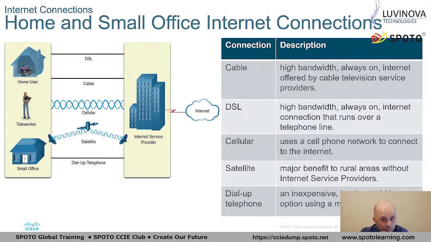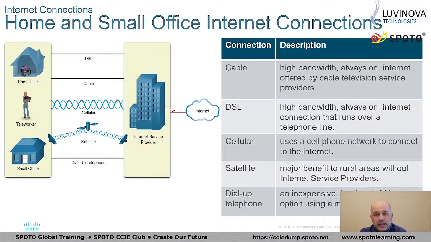We should know the types of getting the internet to your home or being connected to the network. Cable: high bandwidth, always on, internet offered by cable television service providers. It could be any cable provider which is licensed to operate in your country.